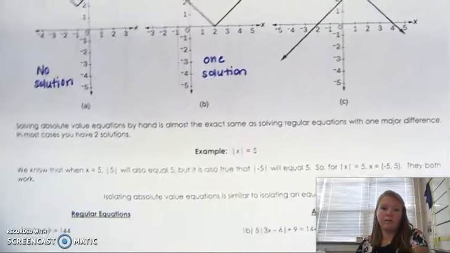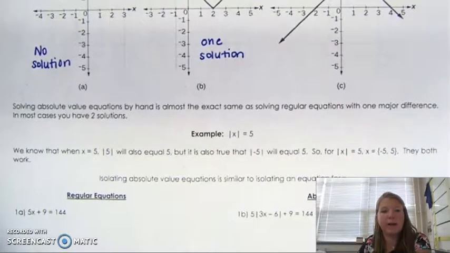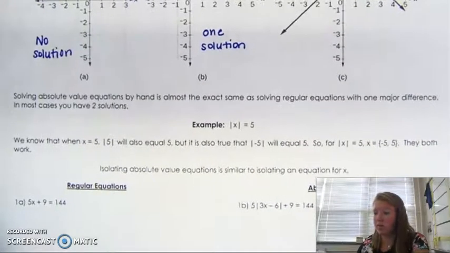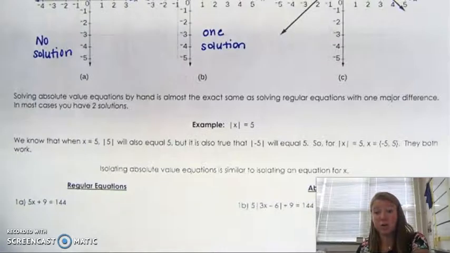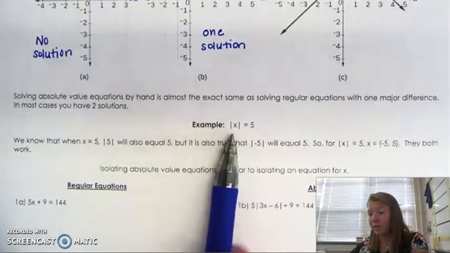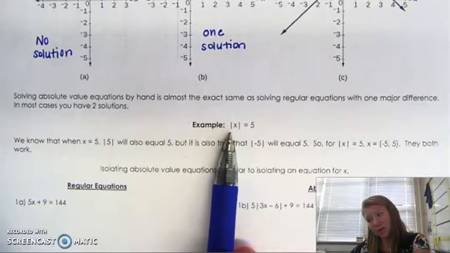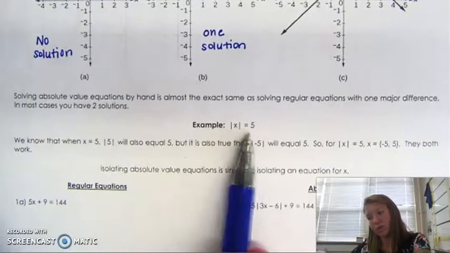All right. So solving absolute value equations by hand is almost the same exact thing as solving regular equations, with one major difference. In most cases, you have 2 solutions. So my example earlier, talking about -5, the absolute value being 5, now we're looking at it backwards. We want to see what value of x, the absolute value of that value, gives you 5.